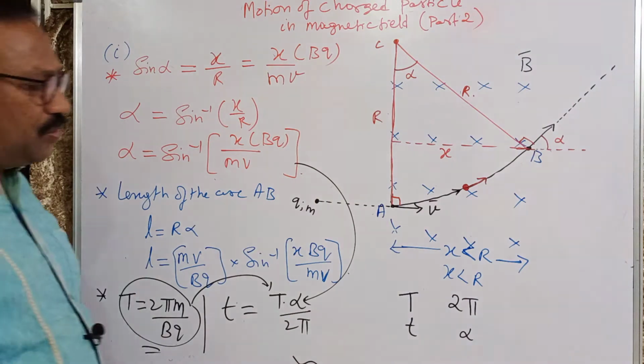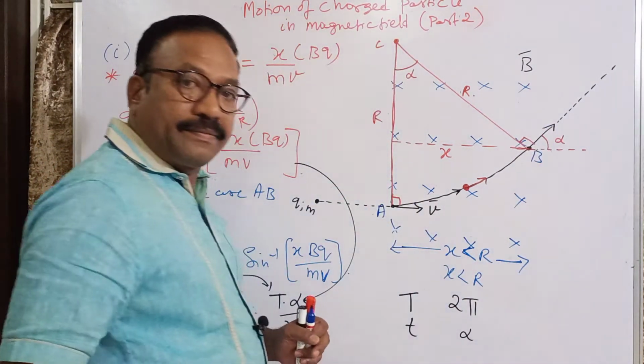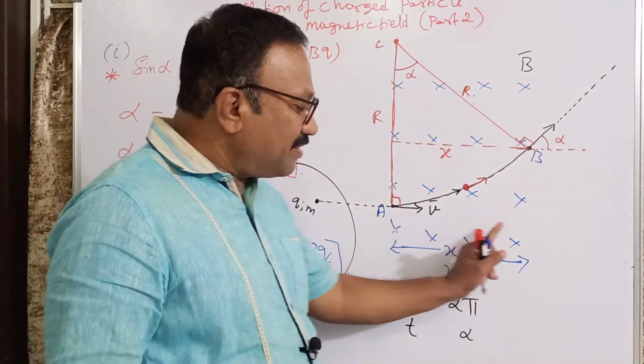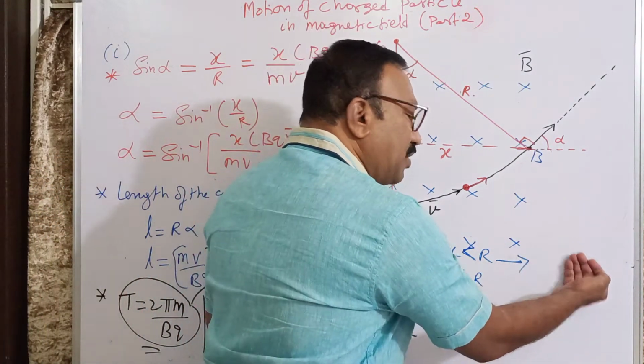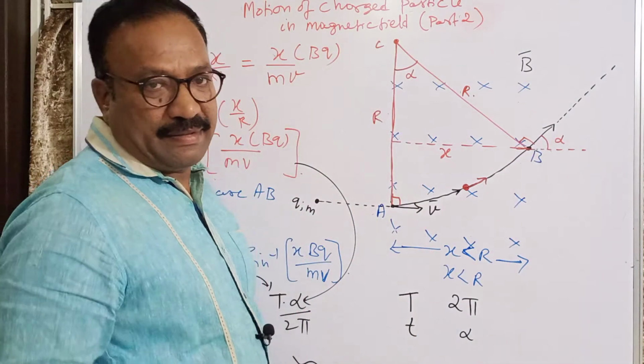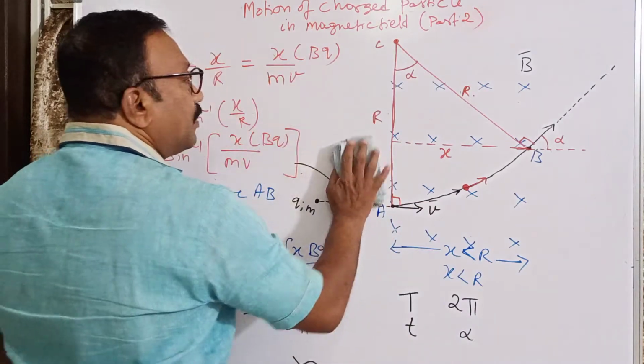So next what I will do, I will increase this distance little bit. This distance is less than radius, am I right? But now I will take exactly equal to radius. So then what happens? We will see.